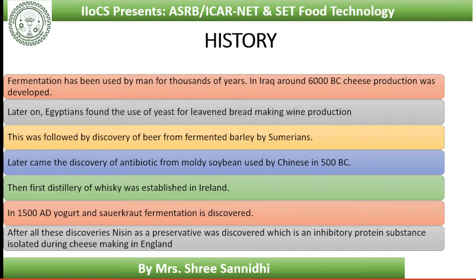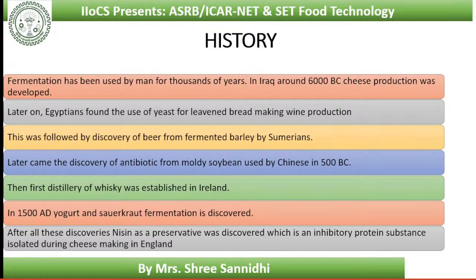So it is so long back that we can see cheese production in Iraq, where it was started first. Later the Egyptians found the use of yeast for leavened bread making and wine production. This was followed by the discovery of beer from fermented barley by the Sumerians.